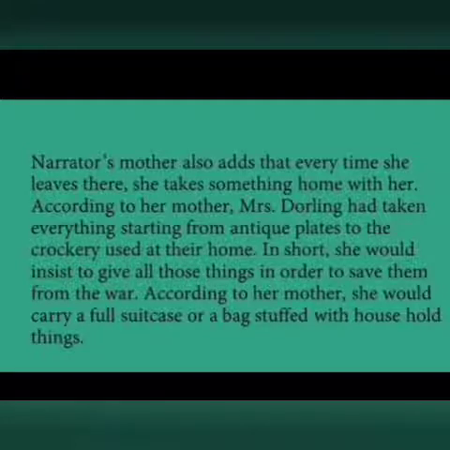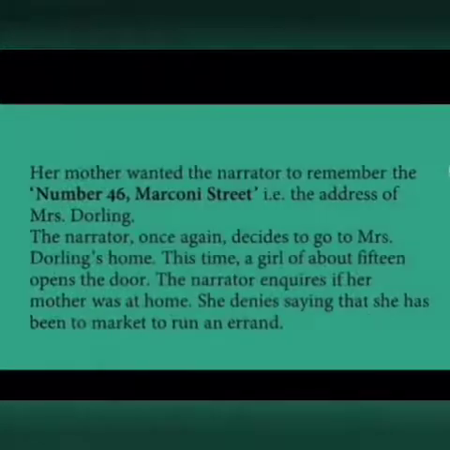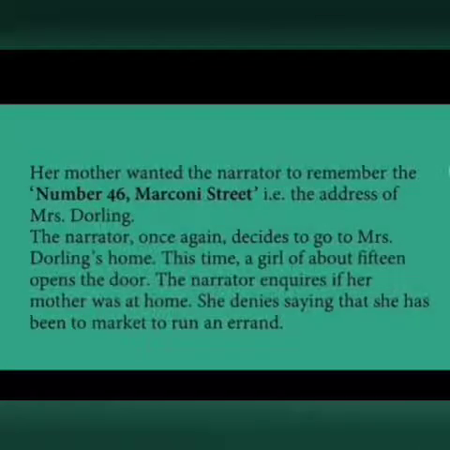In short, she would insist on being given all those things in order to save them from the war. She would carry a full suitcase or a bag stuffed with household things. Her mother wanted the narrator to remember the number 46 Marconi Street, that is the address of Mrs. Darling.